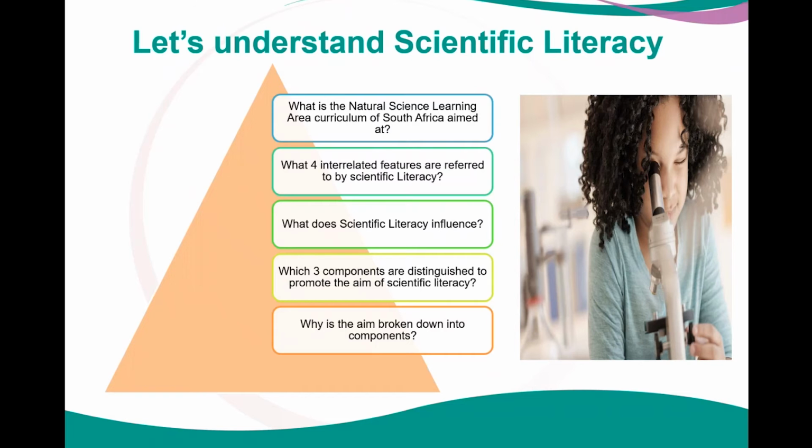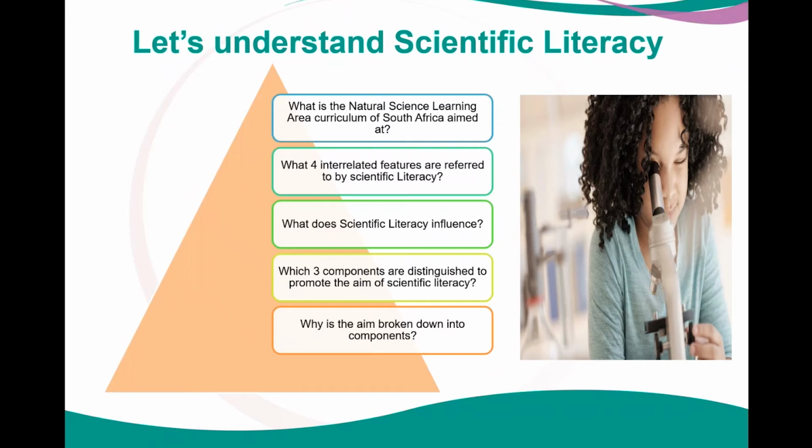Scientific literacy has interrelated features, and these are the 4 interrelated features you consider. First, scientific knowledge and the use of that knowledge to identify questions, to acquire new knowledge, to explain scientific phenomena, and to draw evidence-based conclusions about science-related issues.